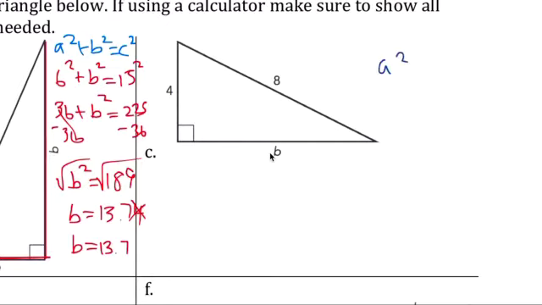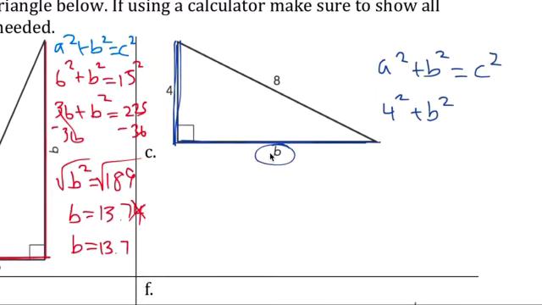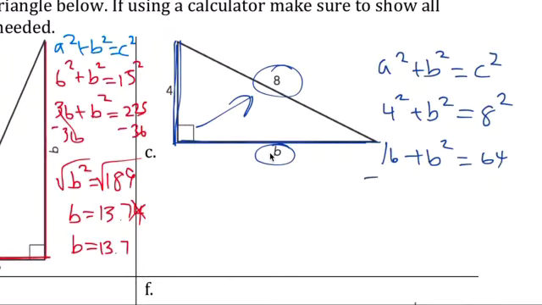Okay, C, you do Pythagorean theorem. A squared plus b squared equals c squared. This is A and this is B. 4 squared plus b squared, b we don't know, equals 8. 8 is c's across the diagonal. So 16 plus b squared equals 64. Subtract 16 from both sides.